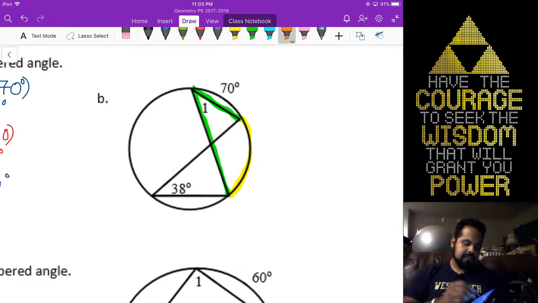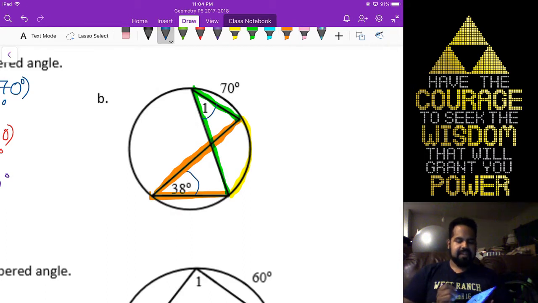However, you'll notice that that arc also meets these two different chords, and those are 38 degrees. If you remember the property that we stated in the first corollary, two inscribed angles that form the same arc are going to be congruent. So again, without any real work or hassle, we have 38 degrees.